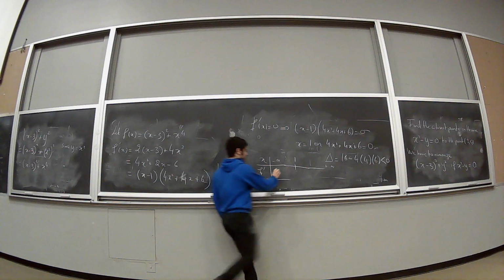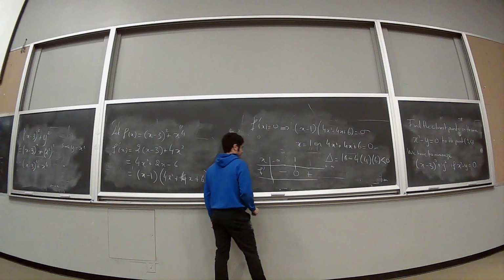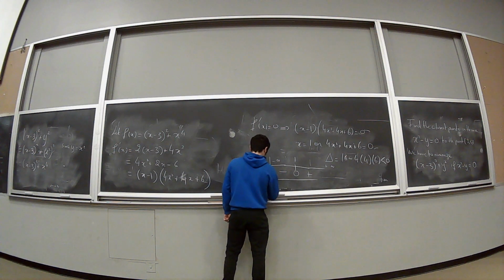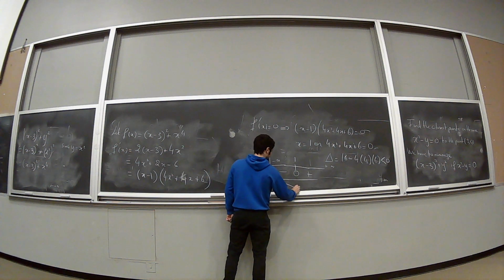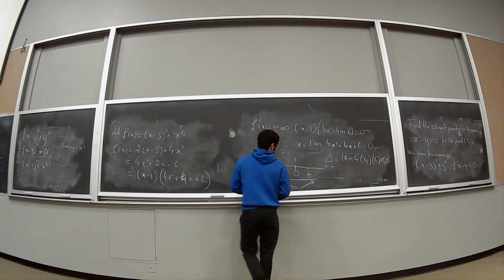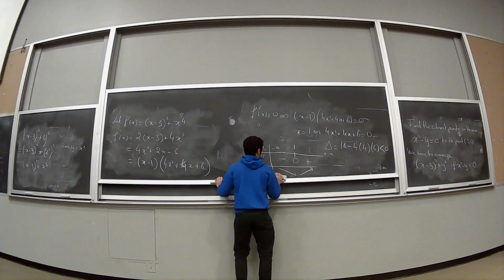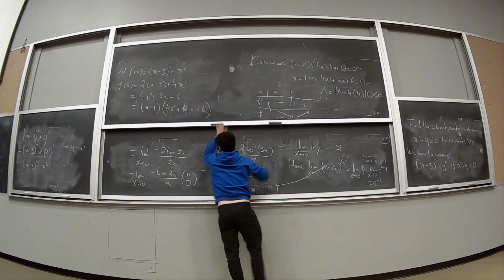So f prime is negative here, 0 here. Plug in a number bigger than 1. You get that this is also positive. So f is decreasing, and it decreases until it reaches f of 1, and then goes up.